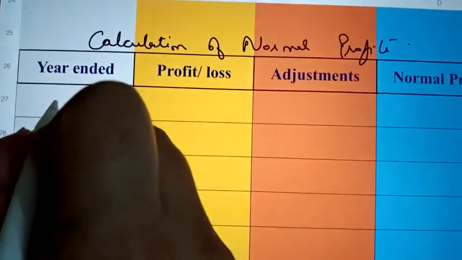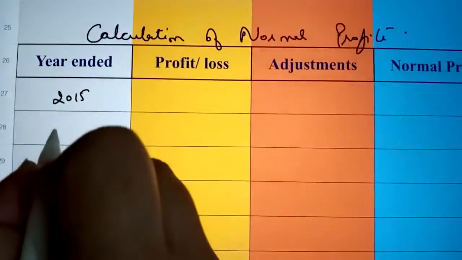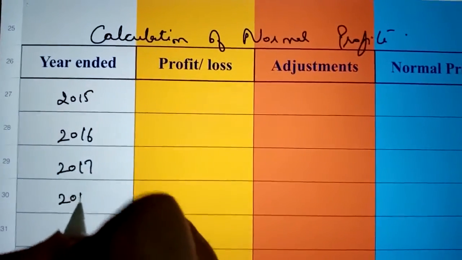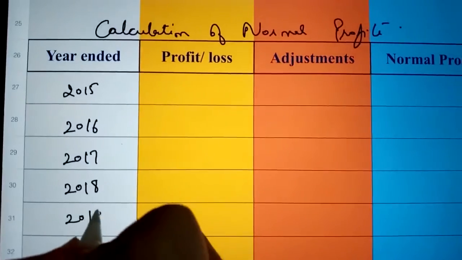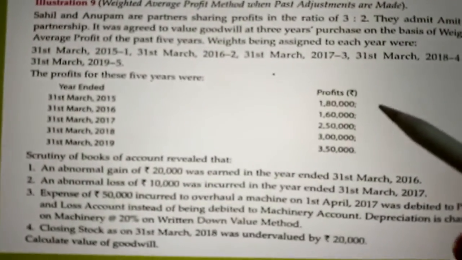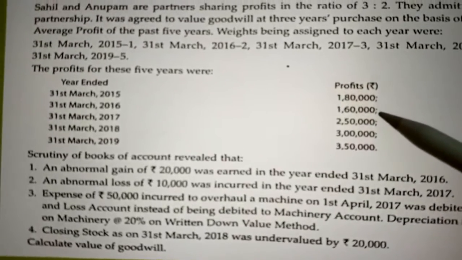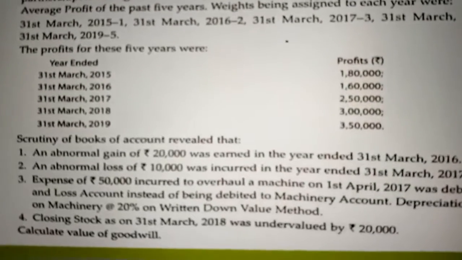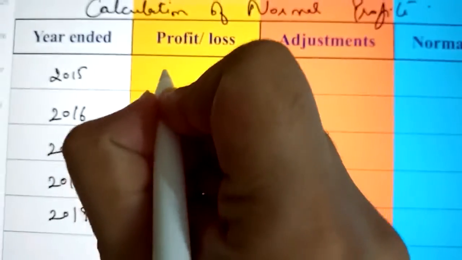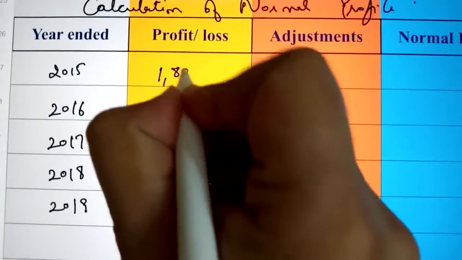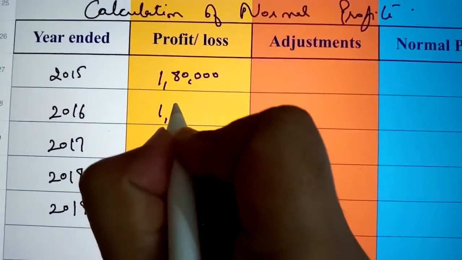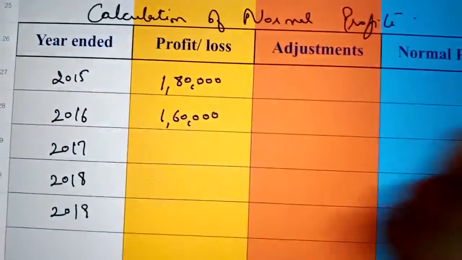The first years given to us are 2015, 2016, 2017, 2018 and 2019, and profits are given to us: 1,80,000, 1,60,000. So here we will write 1,80,000 and 1,60,000.